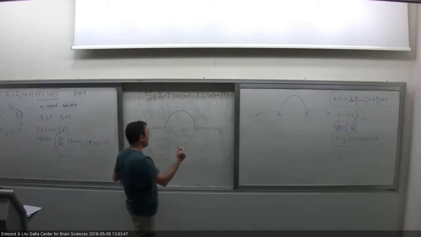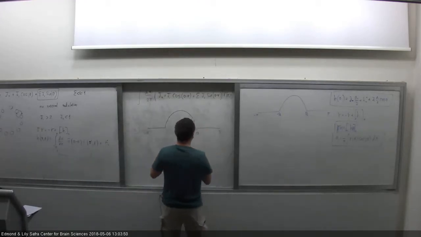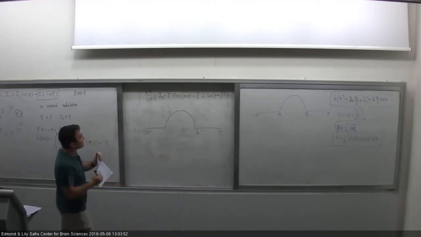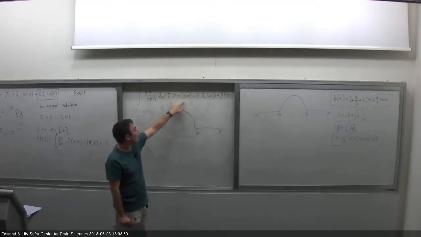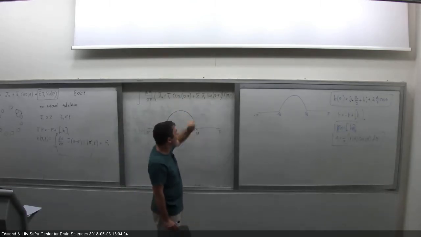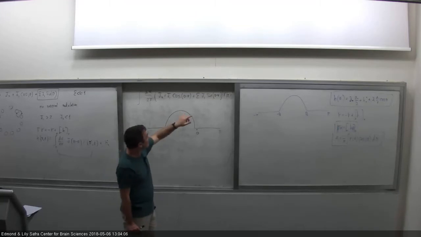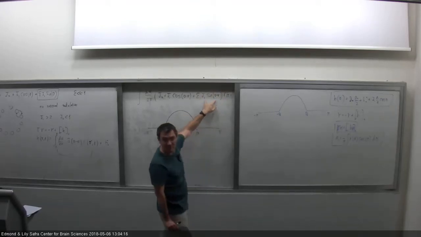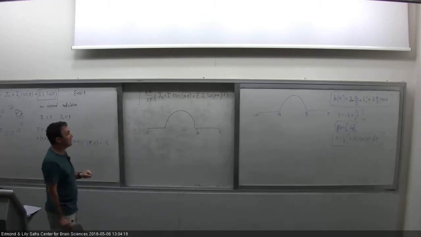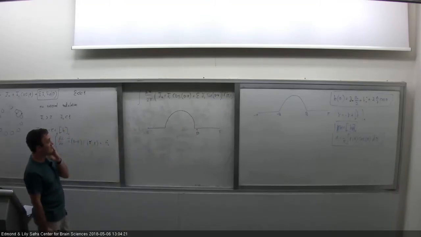We're thinking about neuron theta. Previously, neuron theta received input from all other neurons through this term. Now, neuron theta receives input from all other neurons through this term, plus a small input through this term. This is an input that averages the activities of all other neurons in the network with this weighting: epsilon J1 sine of theta minus theta prime.